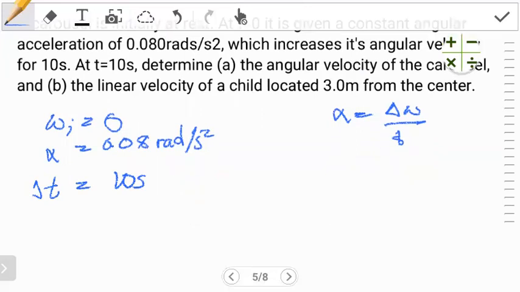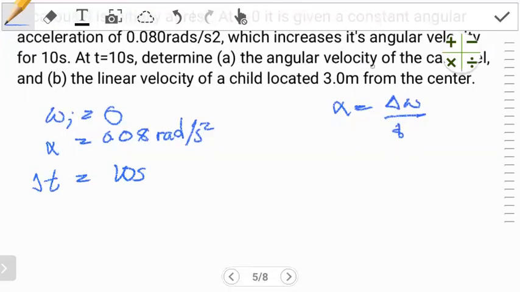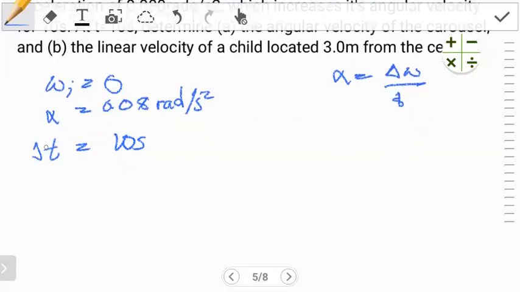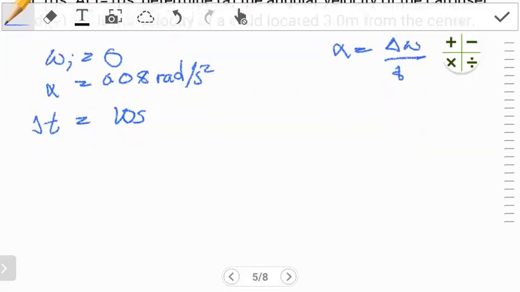Given the initial velocity, the acceleration, and the change in time, notice that here we can just use the equation we had in linear motion, but now it is omega final equals omega initial plus alpha t. We want to find the final velocity after 10 seconds.